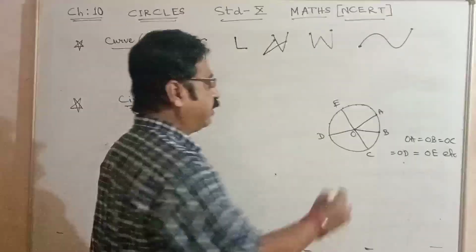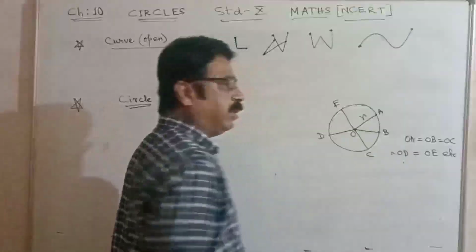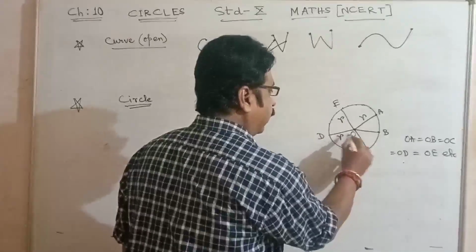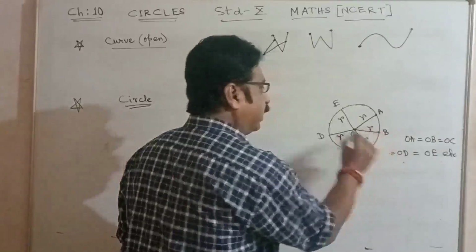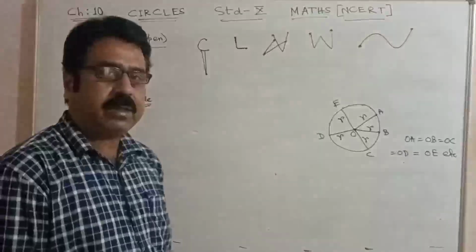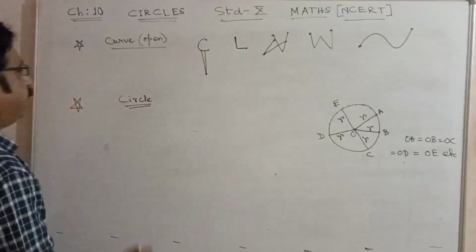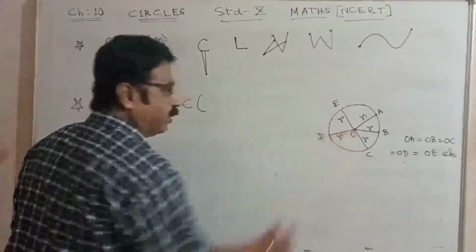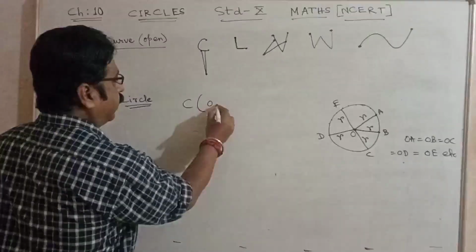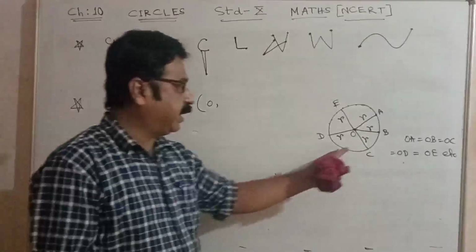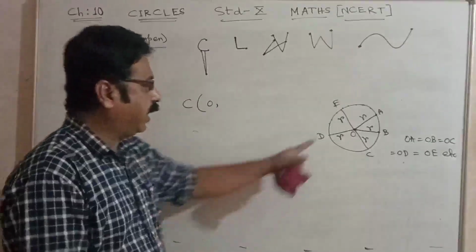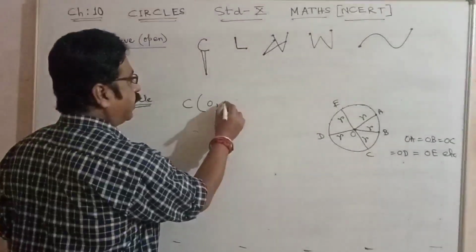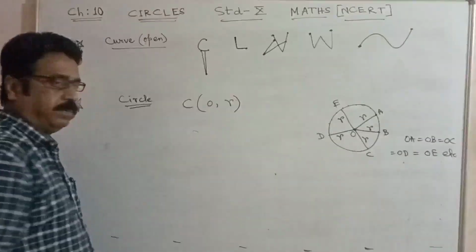And the fixed distance, suppose this distance is r, that means it will be r for OE also, is called the radius of the circle. And a circle can be represented as C with center O and with fixed distance, that means OA, OB, OC, etc. That distance is called the radius of the circle, R.